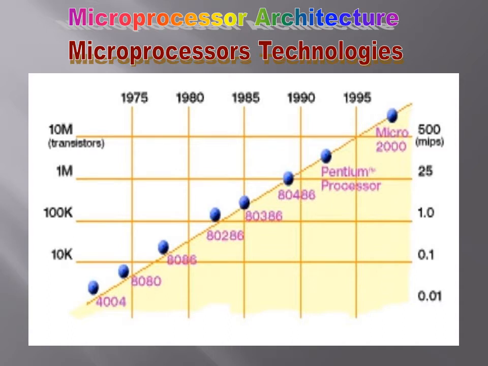You see the development from 4004 to Pentium and then advanced microprocessors. We move from 0.01 MIPS to 500 MIPS, and with transistors of 2K or 3K we move to transistors beyond 10 million per unit area.